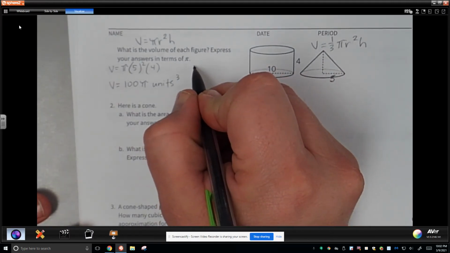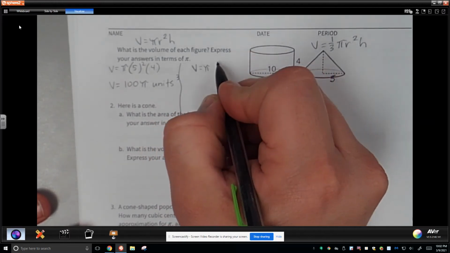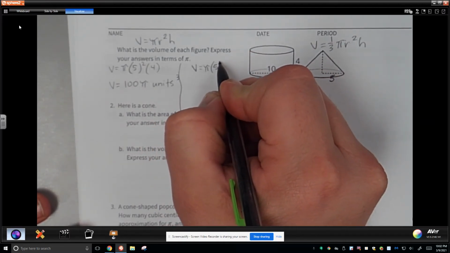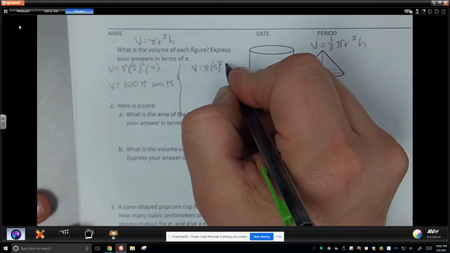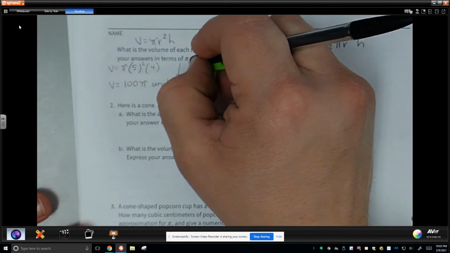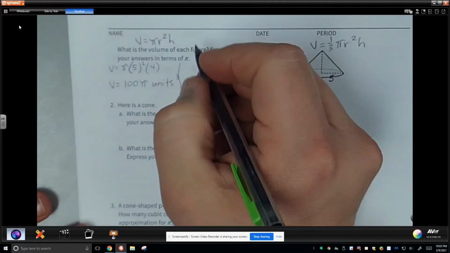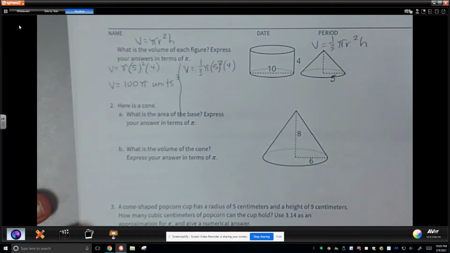I can see this in 2 ways. Number one, I can go like this. The volume is equal to pi times the radius, 5 squared, times the height of 4. But keep in mind, as a cone, that cone is 1/3 the total volume of a cylinder.